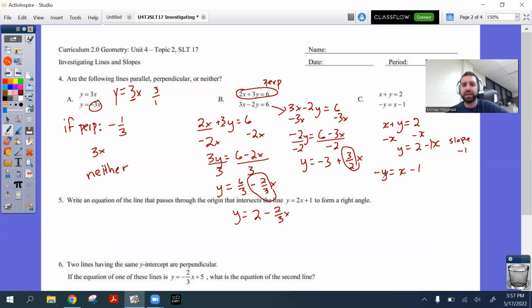Well, we have a negative y, I want to get a positive y, so we're going to multiply negative 1 to both sides. So that will give us y equals, and what I have to do here is change the sign of everything here. It's going to be now a negative x and a plus 1 now. So we have a negative 1 slope as well. These both have a slope of negative 1, they're parallel.